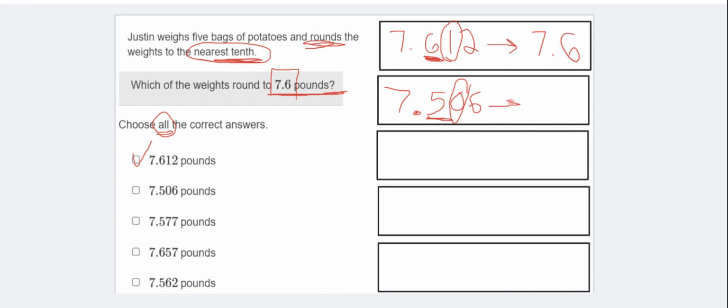I'm going to keep it the same because 0 is less than 4. So this 5 is going to stay the same. So it's going to round to 7.5 or 7 5/10. Now, did this round to 7.6? No, it did not. So I can cross it out because it rounded to 7 5/10. It did not round to 7 6/10. Let's take a look at the next one.